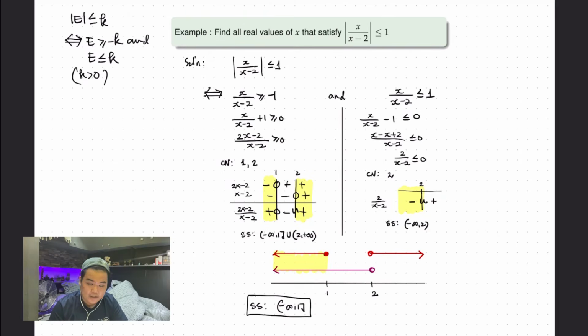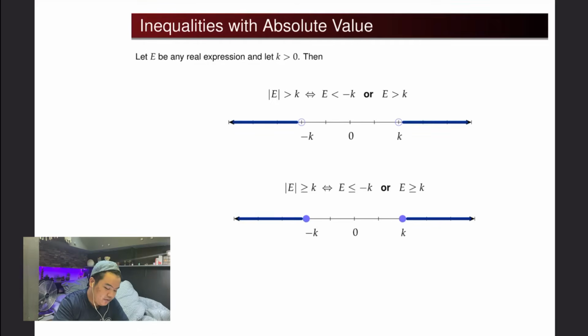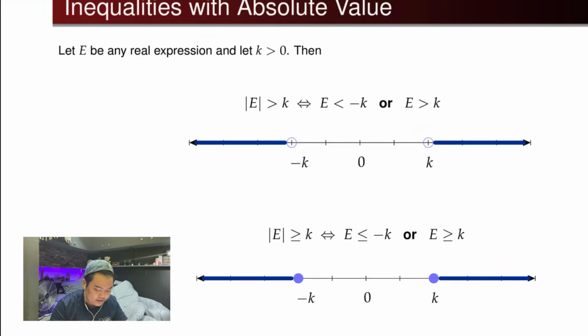Okay, punta naman tayo dun sa isang case. Yung absolute value ng something greater than k or greater than equal to k. Actually, pareha lang halos yung rule. So, when it is greater than k, so ibig sabihin yung nasa loob is less than negative k or yung nasa loob is greater than k. So, ibig sabihin ng or, pagko-combine mo yung solution set nito sa solution set nito.